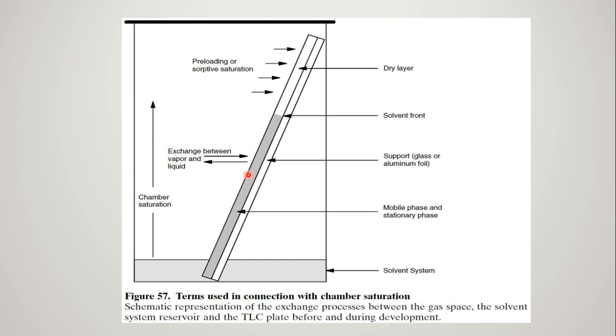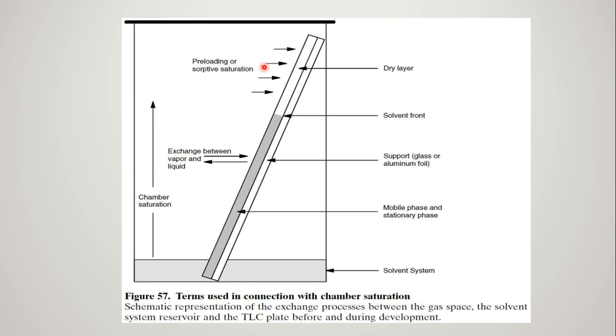So here we can see an equilibrium. When this complete chamber is saturated with solvent vapor, we can see an equilibrium between the vapor phase of the solvent and the liquid state of the solvent. So these are in equilibrium, and maintaining this equilibrium, the solvent molecules are moving upside.